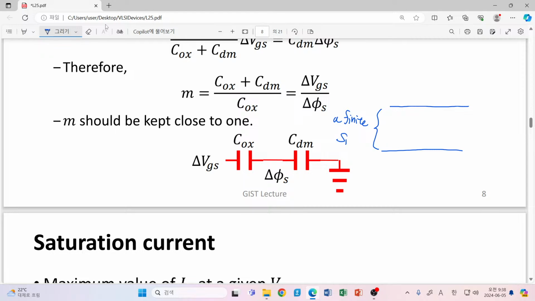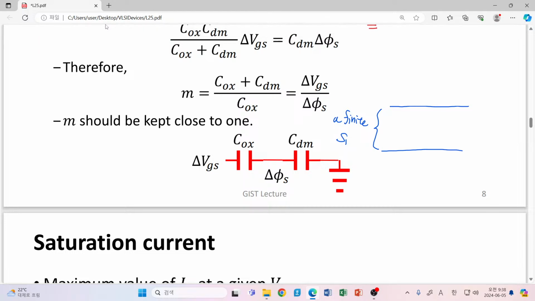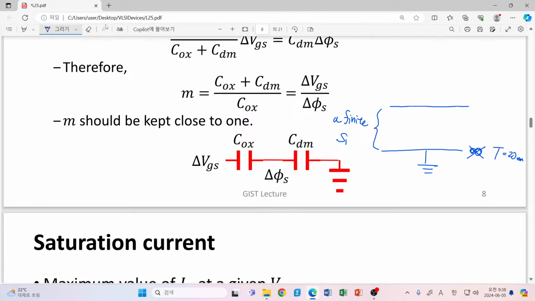Up to now, we have assumed that our silicon substrate is quite deep and thick, so the position of our p-type substrate contact is located far away from the surface, and it was taken as infinity. But instead of that, please think about a certain finite thickness. For example, a typical value can be 20 nanometer or some around 10 nanometer scale.